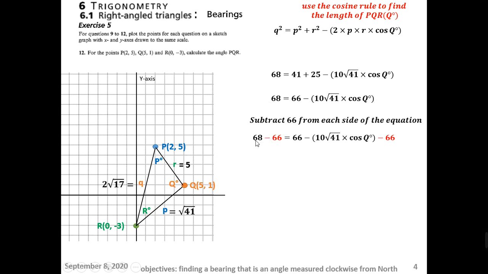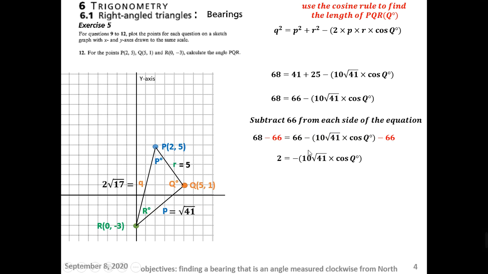As you can see here, 68 minus 66, and here minus 66. Why? Because I want to cancel the 66. So 66 minus 66, the 66 is gone on this side. And 68 minus 66 is 2, which is equal to negative 10 square root of 41 times cosine Q.